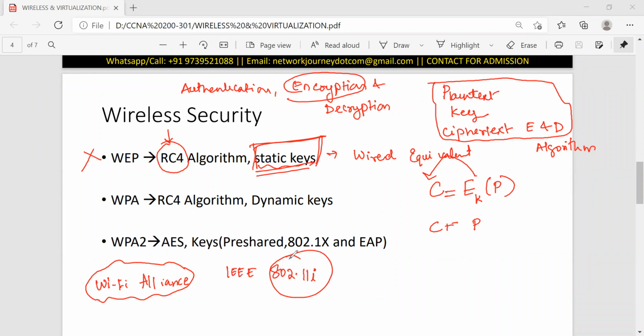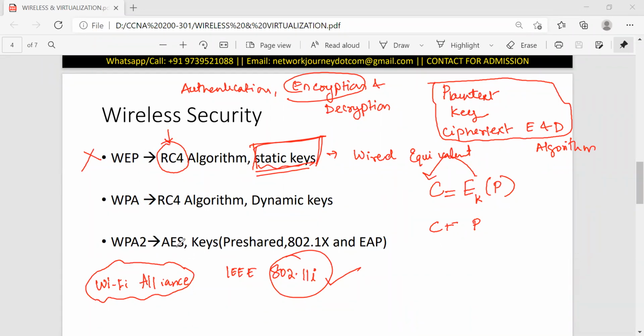But we generally don't say 802.11i. We better use the terms defined by the Wi-Fi Alliance, and that is why we use WEP, WPA, WPA2.